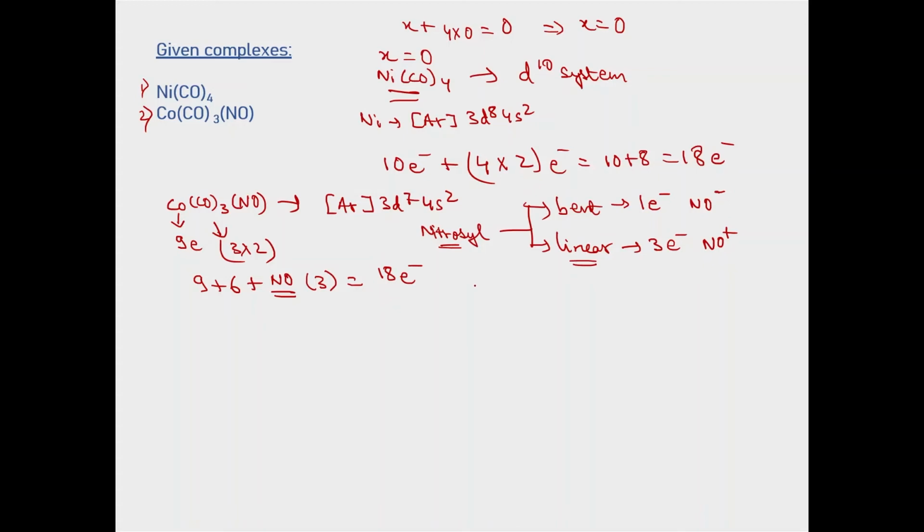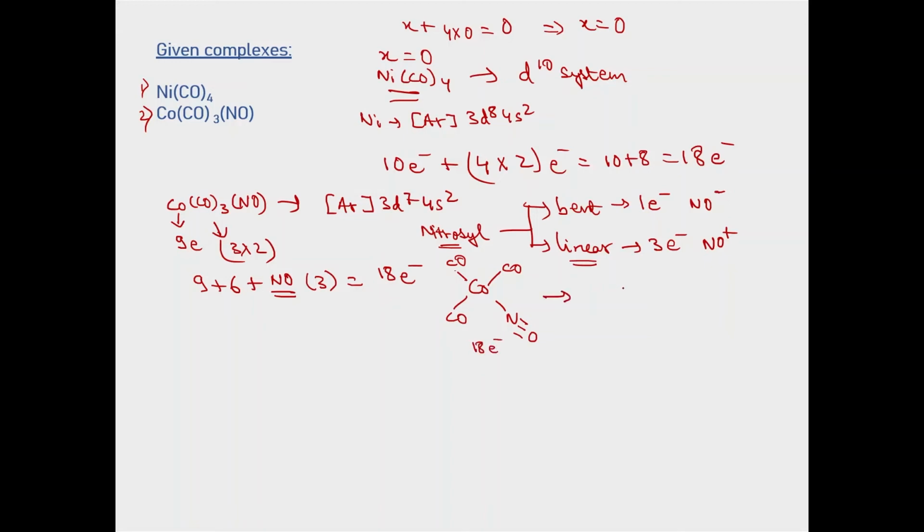So now this is coordinated, let's say there are 3 carbonyl ligands and it is coordinated in a linear fashion. That's why it is an 18 electron complex.